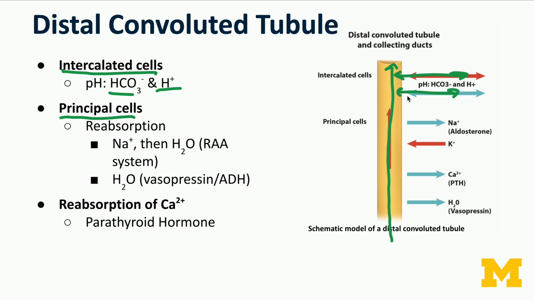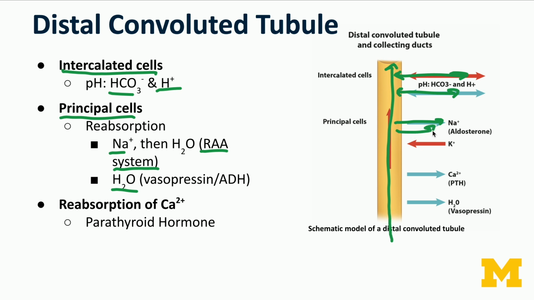And then principal cells are going to be important cells in modulating both the reabsorption of sodium and also the reabsorption of water. And so with sodium, these principal cells are activated by aldosterone of the RAA pathway. And by moving sodium out of the filtrate and into the blood, water then is going to follow.